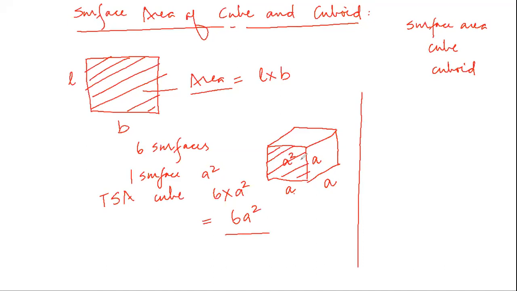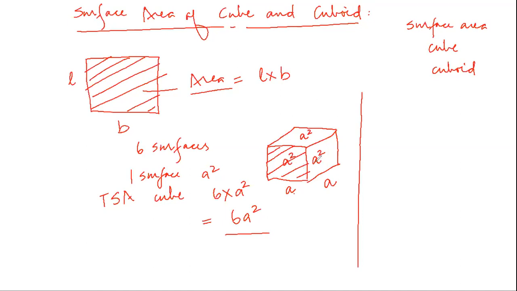Now, what is a cuboid? Now, this is a cube. Every surface has an area of A square, A square, A square, bottom, left. There are six surfaces, right? These are the three surfaces and three more surfaces just opposite to them. Like this is above, then down, right, then left, front, and back.